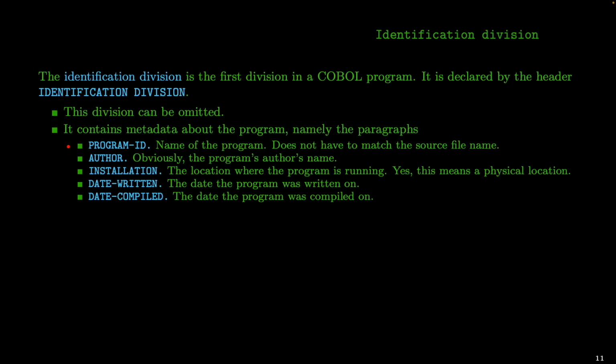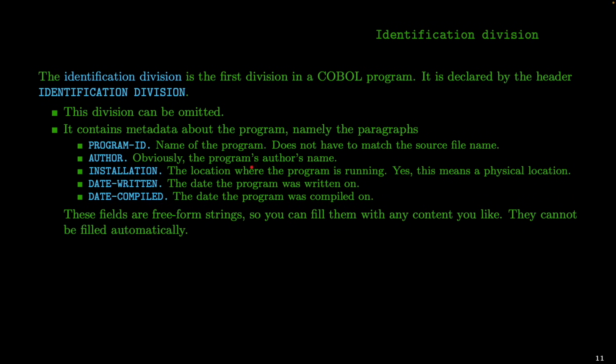Program ID, which is just the name of the program and doesn't have to be identical to the source file name. We can include information on the author, on the installation, so where the program is running, which does refer to a physical location, and information on when the program was written and compiled.